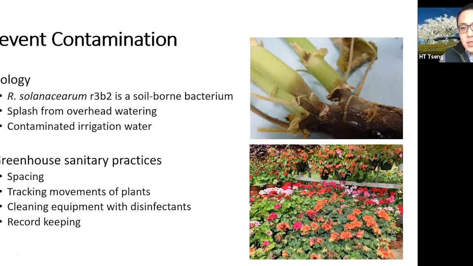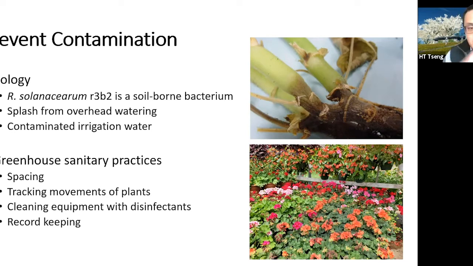Also, the bacteria can contaminate your irrigation water. If you recycle the water you used during irrigation, this irrigation water may be contaminated with the bacteria and spread further in your greenhouse.